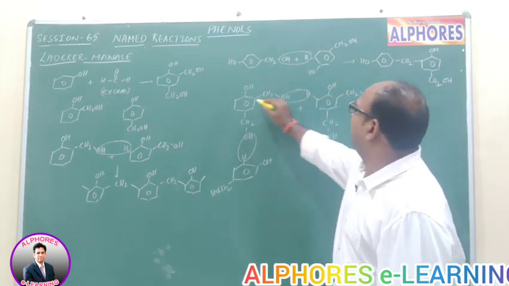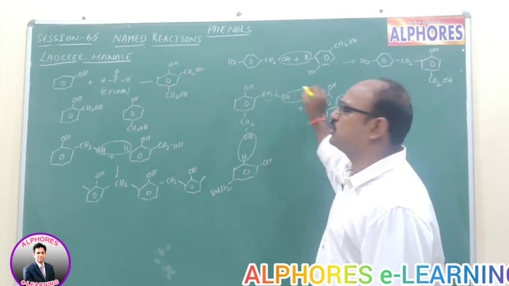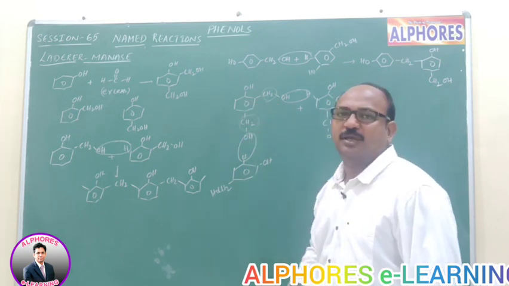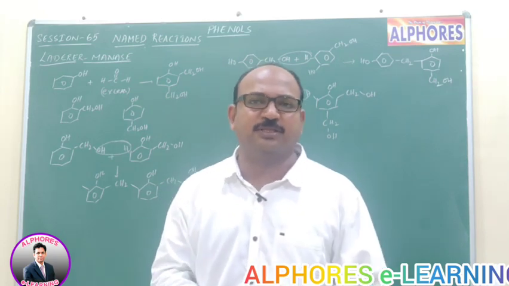In between these two rings we get CH2 bridges. So there are many types of polymerization reactions possible here.